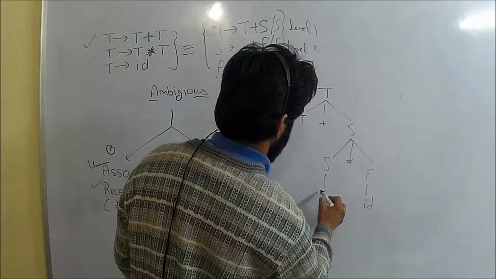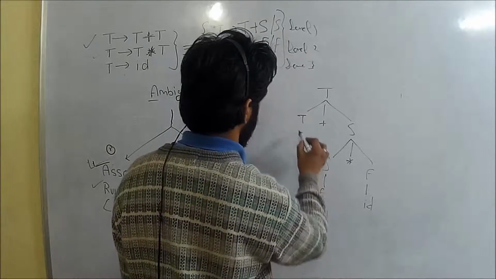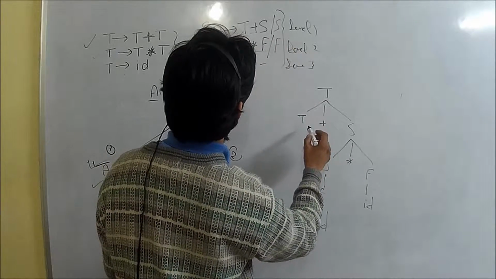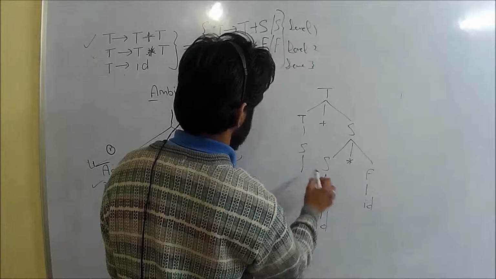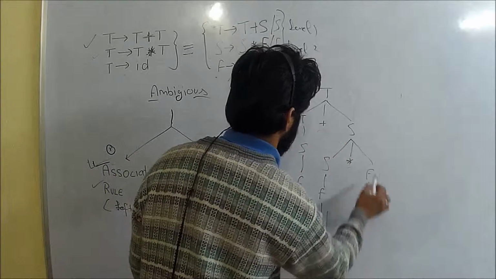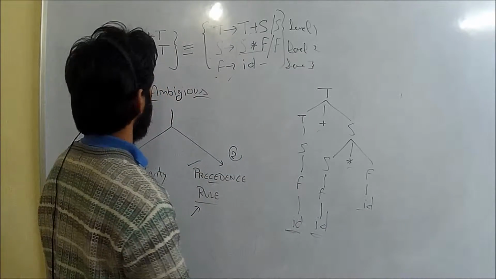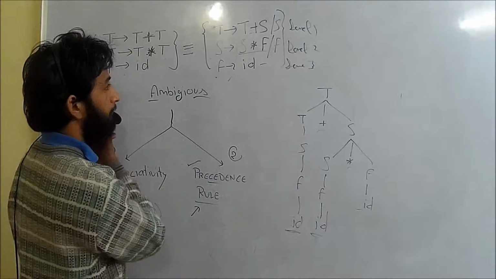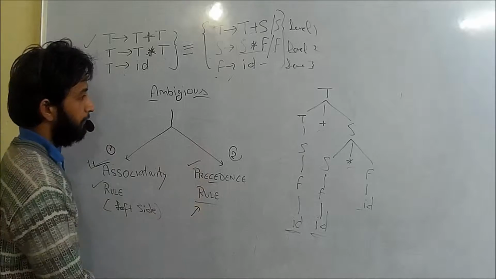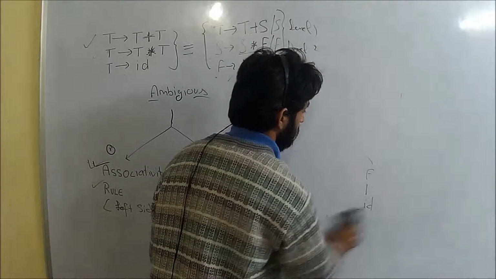So S derives F, and from S I am getting ID, and from T I am deriving S, from S I am deriving F, and F derives ID. Okay, so I am getting the required string by following the rule of precedence. Okay, so by keeping these two rules in mind, we can resolve the ambiguity of a grammar.